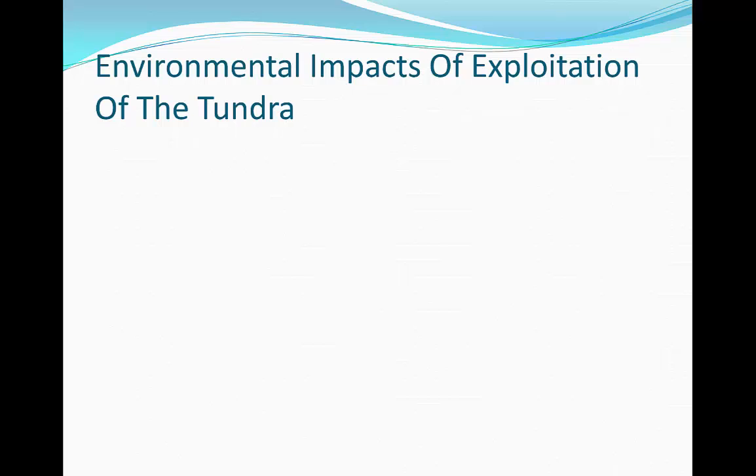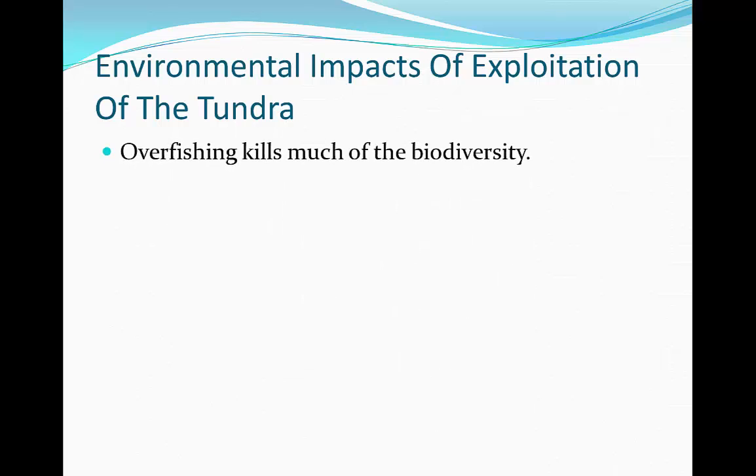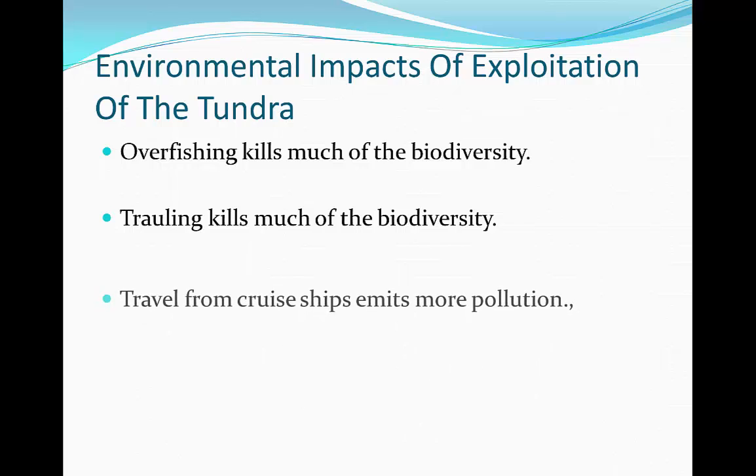Now we'll look at the environmental impacts of exploitation on the tundra. Overfishing kills a lot of the biodiversity, so this is a big problem caused by people who go to the tundra in order to fish. Trawling, which is a fishing technique, also kills much of the biodiversity on the ground. How it works is that a massive net is put on the seabed and literally it scrapes at the seabed to pick up all the animals it can. As a result, this really damages the seabed and prevents more coral or sea life from growing there again in the future.